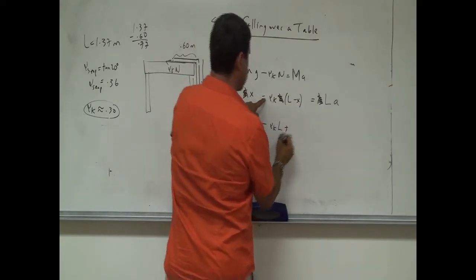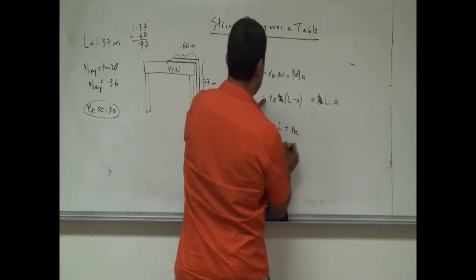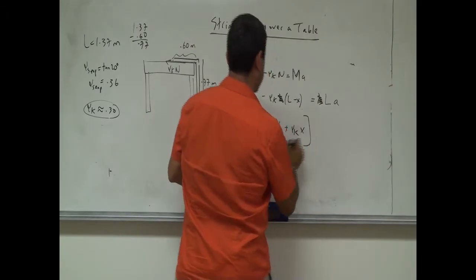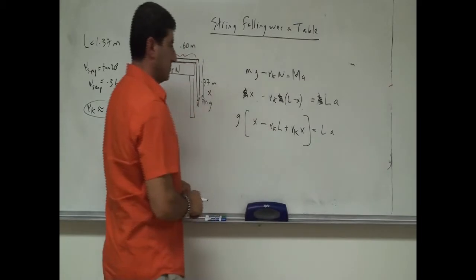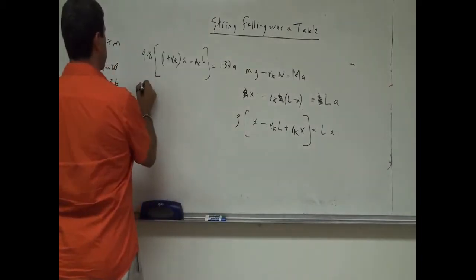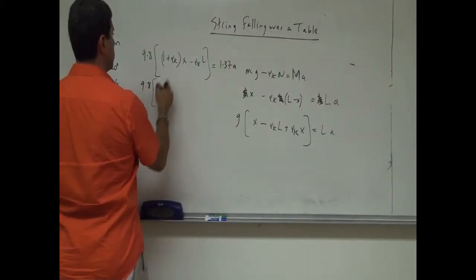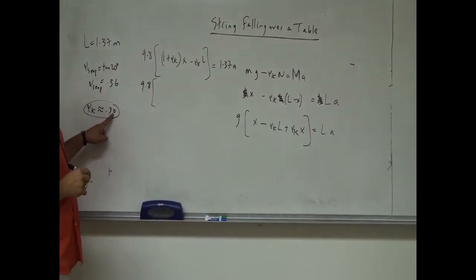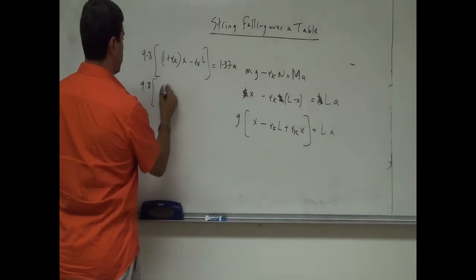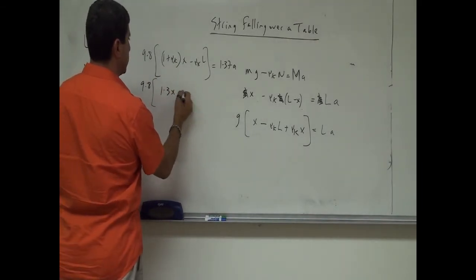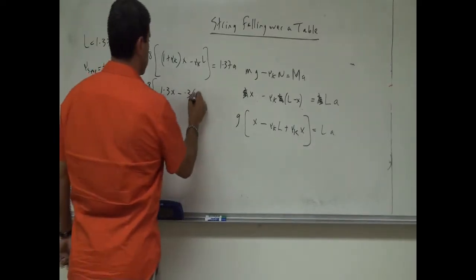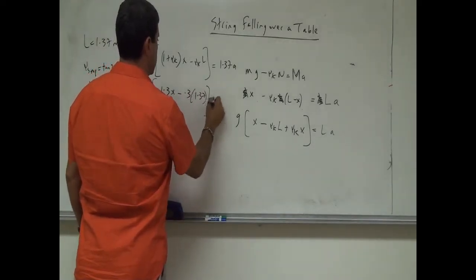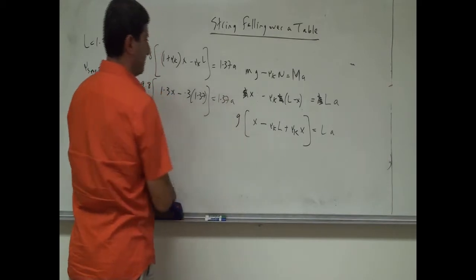Then we get positive mu k x, equal to L a. We're going to say here 9.8, and now put in our estimated value of the coefficient of kinetic friction, 0.3. So that's going to be 1 plus 0.3, 1.3x minus 0.3, the coefficient of kinetic friction, times the length, 1.37, equals 1.37a.